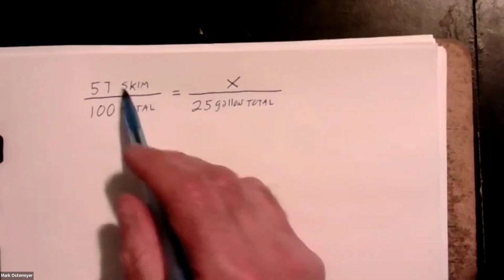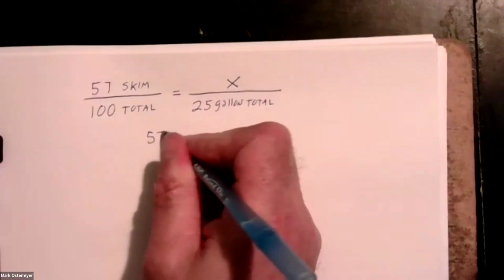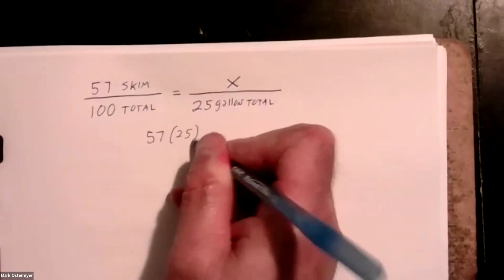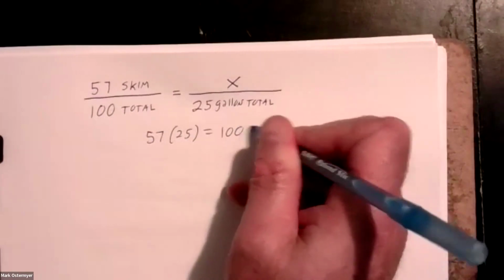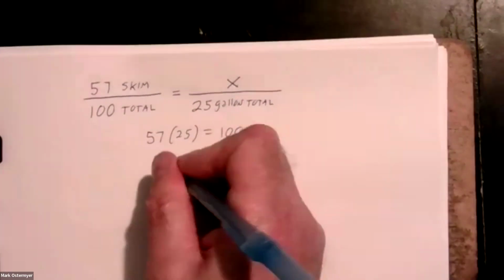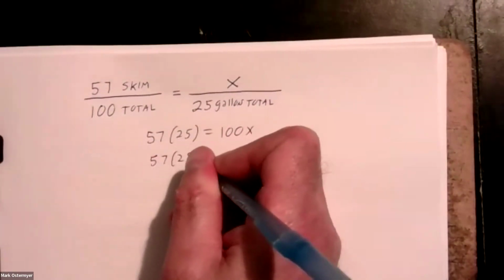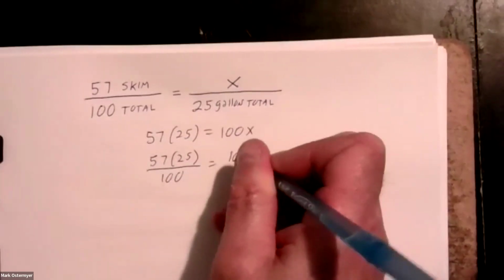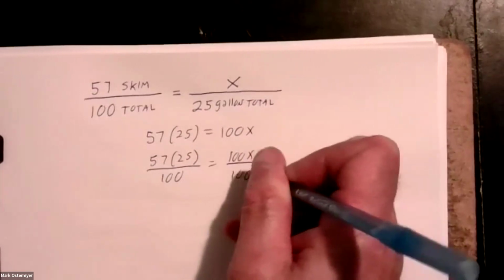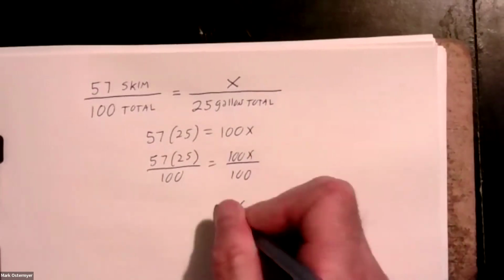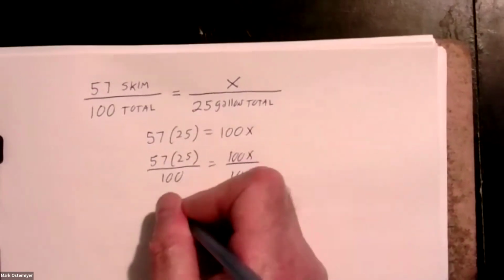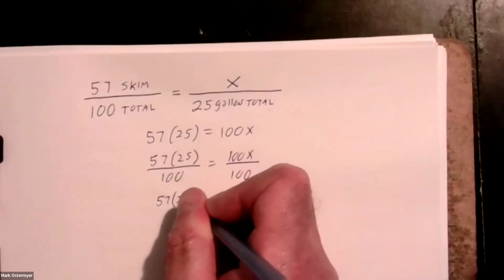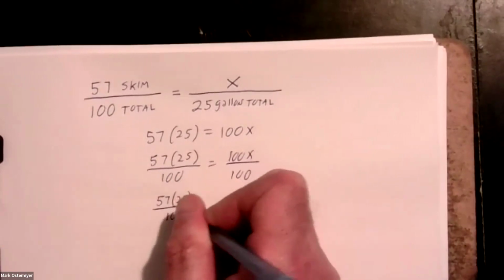So we solve for x now. We cross multiply: 57 times 25, and we set that equal to 100 times x. And now we just solve for x. Divide both sides of our equation by 100, and x is equal to 57 times 25 divided by 100.